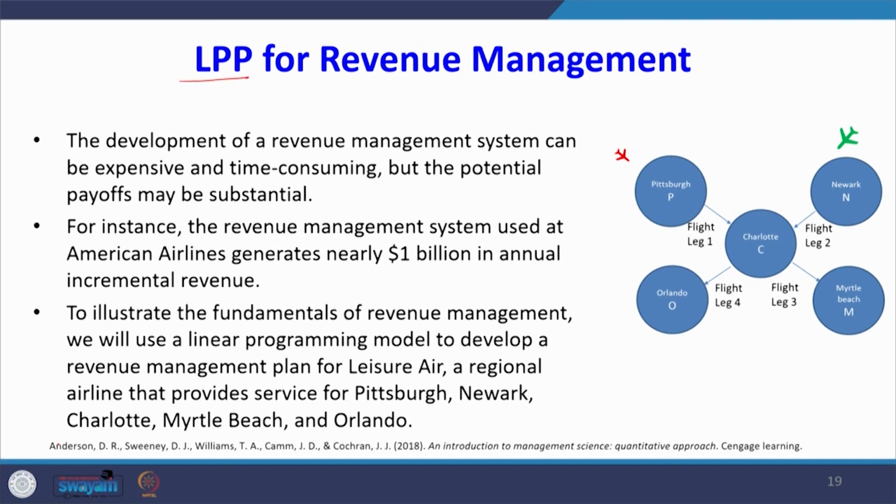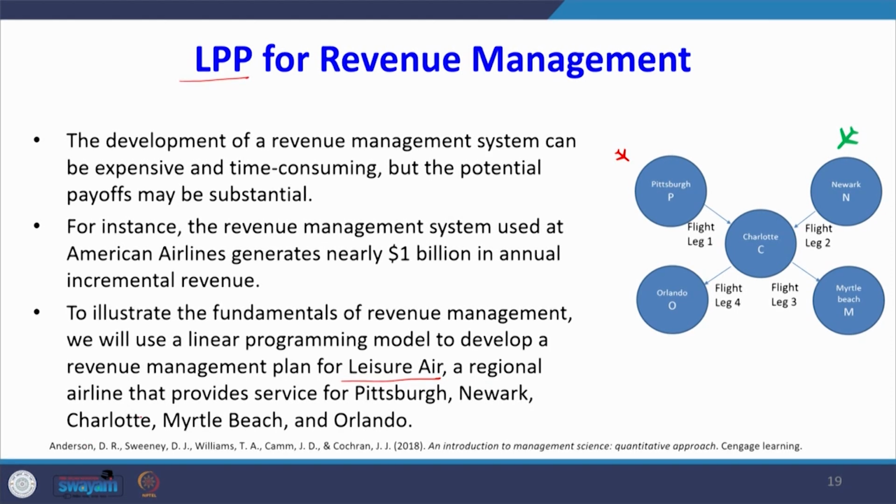For instance, the revenue management system used at American Airlines generates nearly $1 billion in annual incremental revenue. To illustrate the fundamentals of revenue management, we will use a linear programming model to develop a revenue management plan for Leisure Air, the airline example given in the book by Anderson et al.